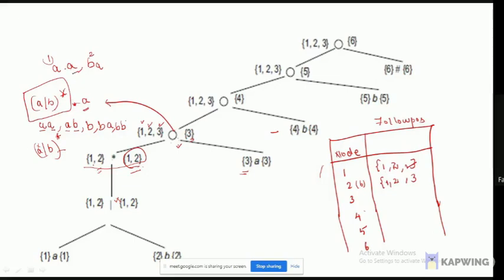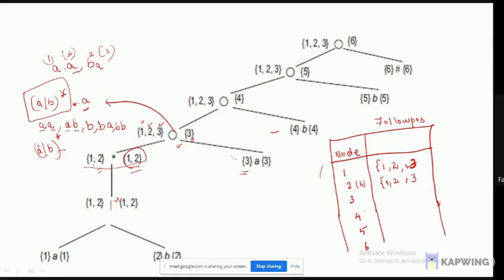And this A refers to the number 3. So 1 is followed by 3 and 2 is also followed by 3. That's why I have given 1, 2 is followed by 3. Clear? Now tell me, can we say this 3 is followed by 1 or 2?